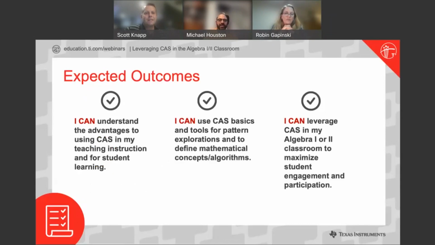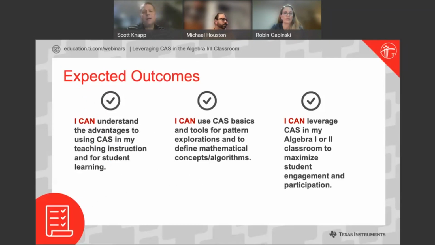Thanks, Robin. And Scott, can you talk through our expected outcomes? Yeah, we're hoping tonight that you're going to be able to understand the advantages of having a CAS calculator, either in the hands of your students or as a teacher displaying the CAS on teacher software. We want you to leave tonight knowing how to use some of the basic CAS tools and functionality, and how to use that to help encourage your students to explore math a little bit.